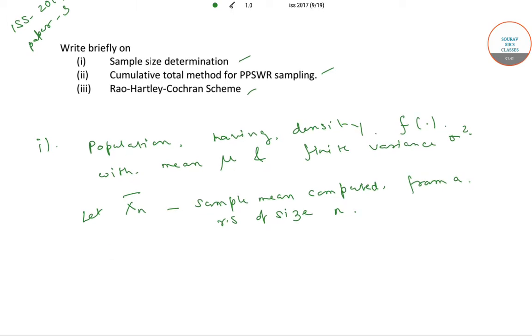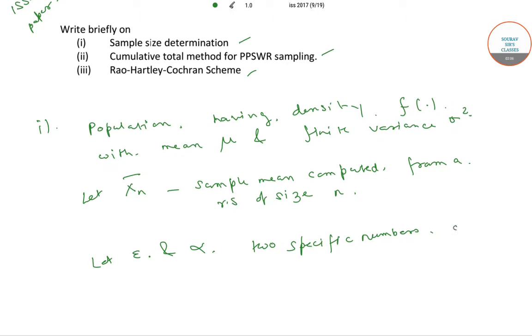Now let epsilon and alpha be two specific numbers such that epsilon is greater than 0 and alpha lies between 0 and 1.